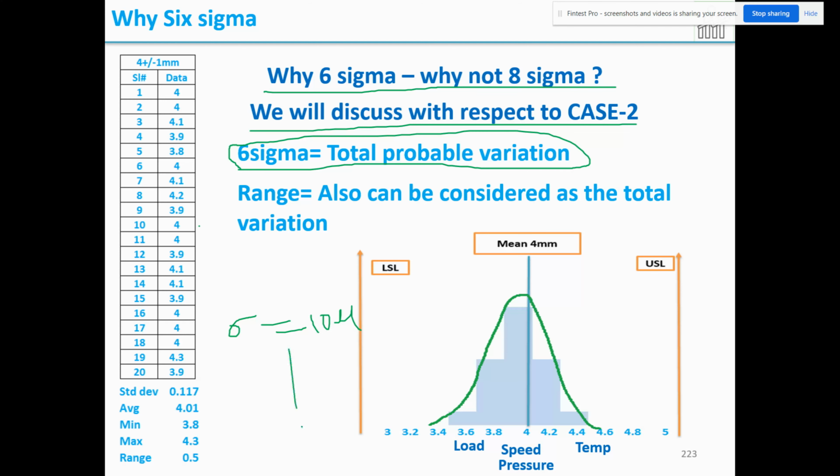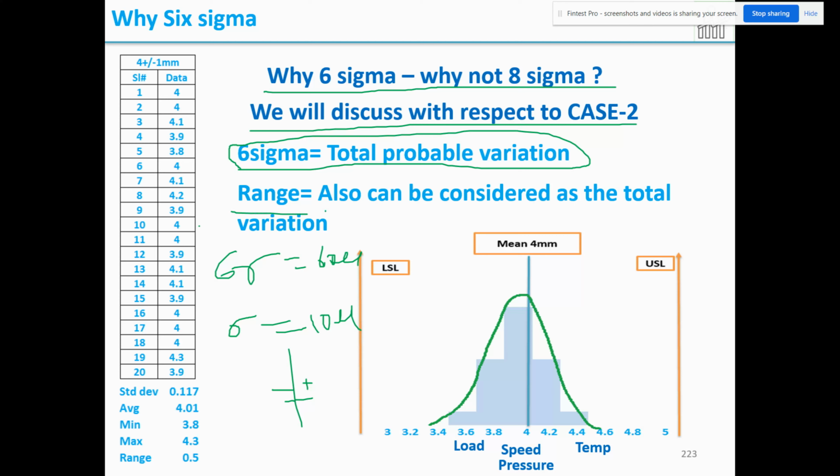That means from the process mean, only 10 micron variation is on the positive or negative side. Correct? But what Six Sigma says is, this is your sample data. In production, it will become 6 sigma. It will become 60 microns. So 60 micron may or may not come, but you are predicting that it's a probable total variation that can come in the 99.9 percent of the population.